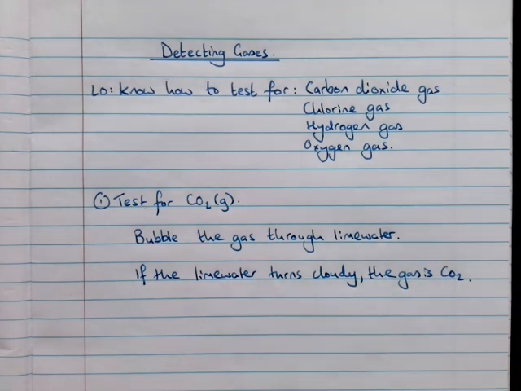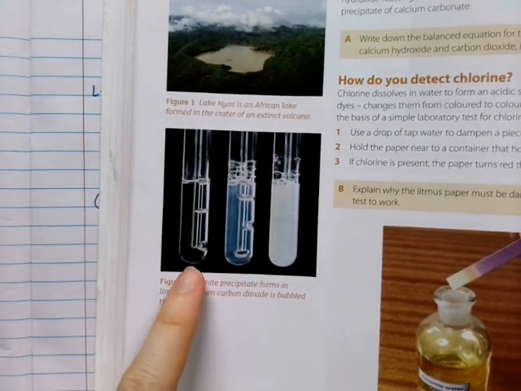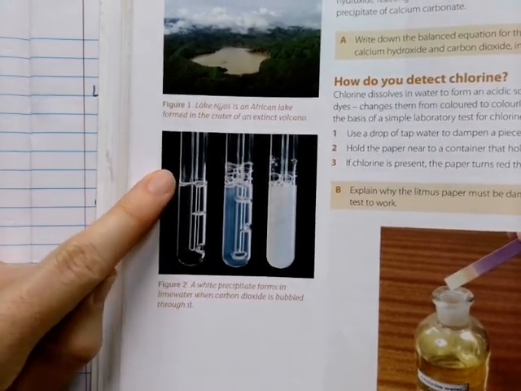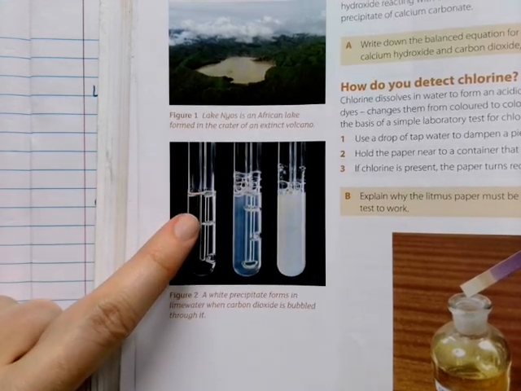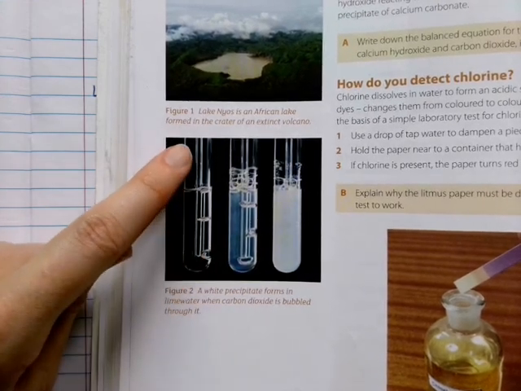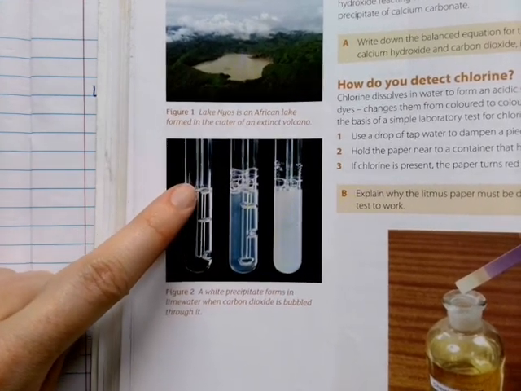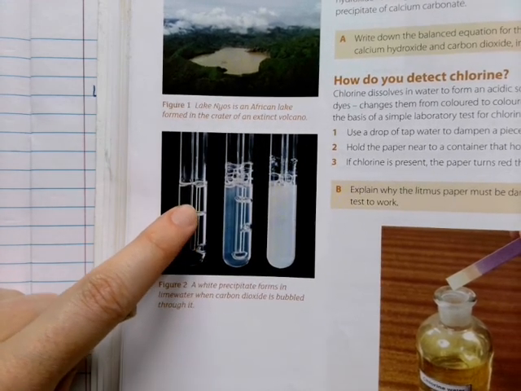Okay, and I can show you this in this picture here. So what you've got in this picture is a test tube, and you've got a glass straw inside the test tube, and this liquid here is lime water, and these bubbles are coming down the straw and then going through the lime water. And they are bubbles of carbon dioxide.